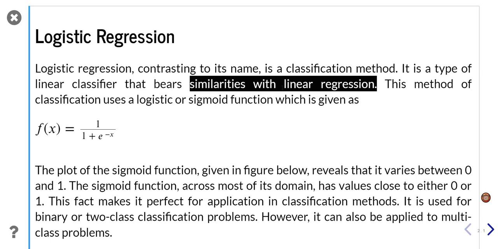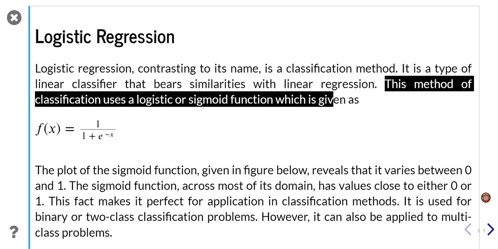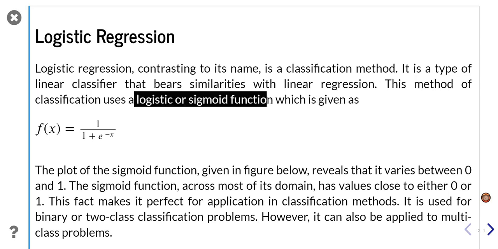So how do we convert a linear regression problem or a linear function into logistic regression? This type of classification uses a logistic or sigmoid function. This is a sigmoid function, 1 over 1 plus the exponential function, e to the power of negative x. So we are taking the exponential value.